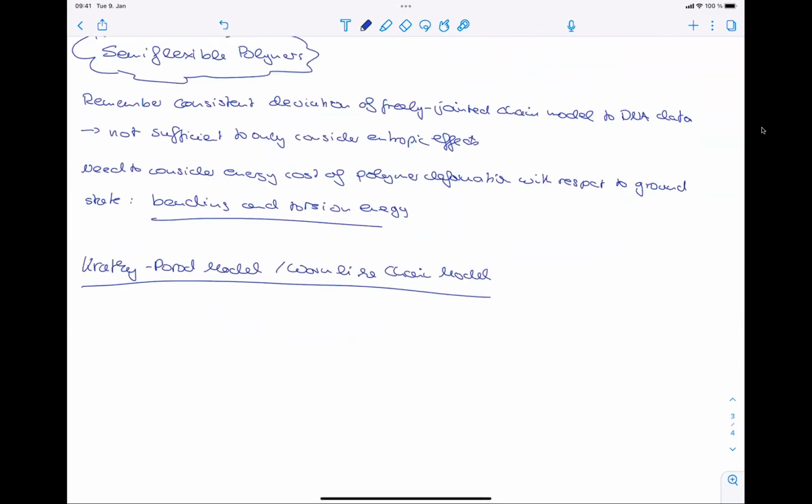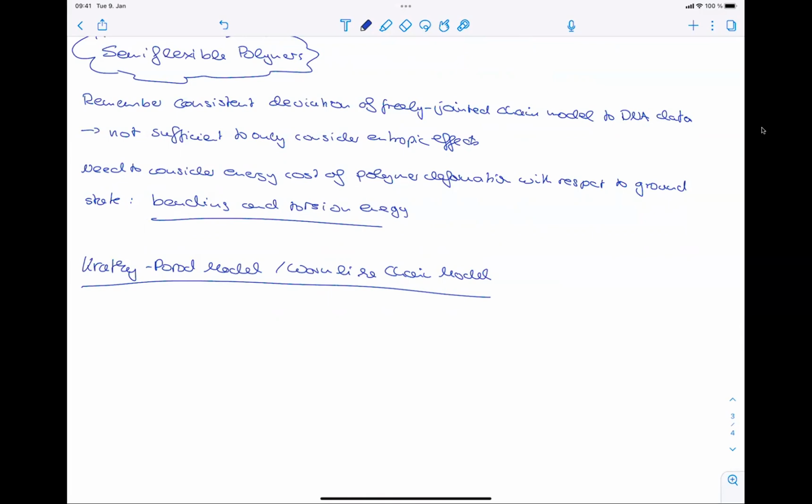In the Kratky-Porod model, what we state is that if you consider the statistics of these semi-flexible polymers, there's a typical angle at which this polymer will be happy to bend.